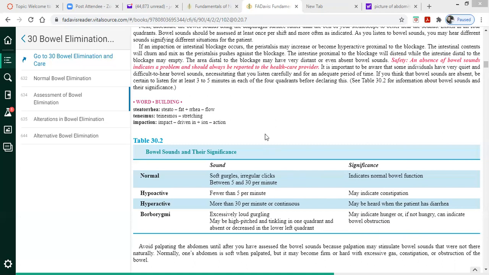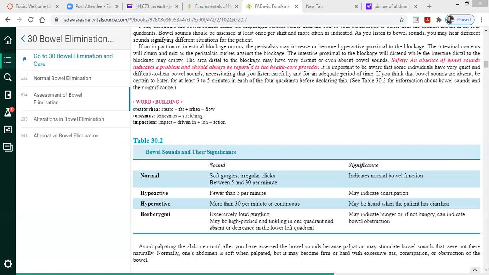Typically, when there is a bowel obstruction, you listen to the bowel sounds starting with the right lower quadrant, working your way up to the right upper quadrant, the left upper quadrant, and the left lower quadrant.